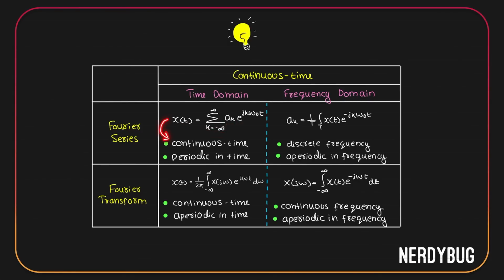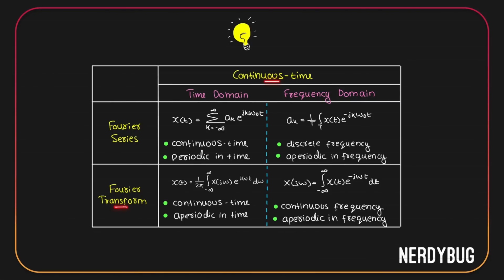X of t is a continuous time signal and it is periodic in time because Fourier series is taken for periodic signals. In the frequency domain, we wrote the analysis equation a k is 1 by T integral over a time period of T x of t e raised to minus j k omega naught t. A k was discrete in frequency and it was aperiodic.